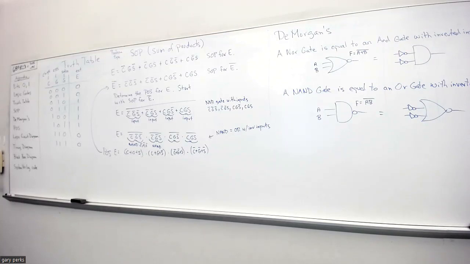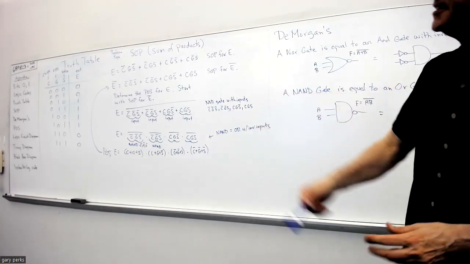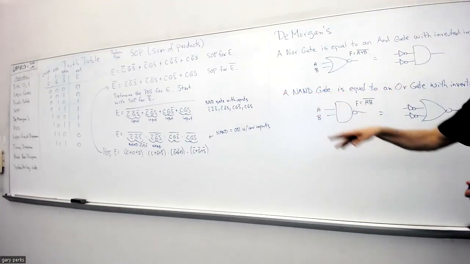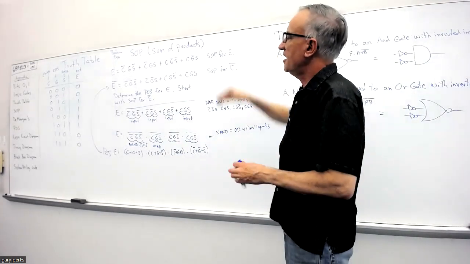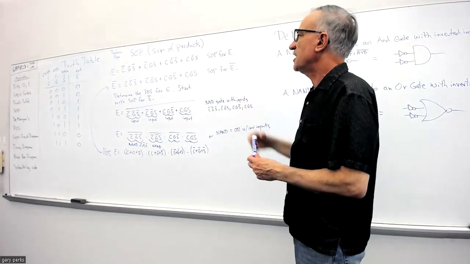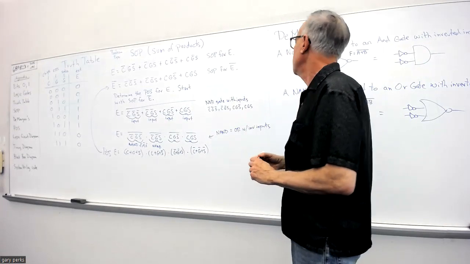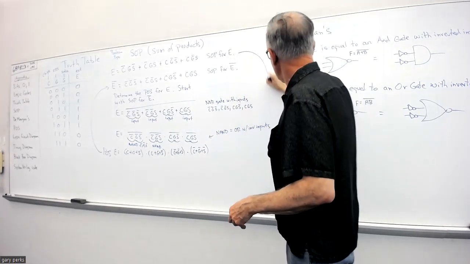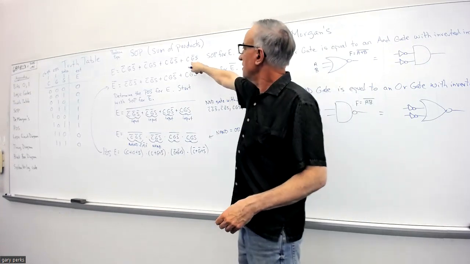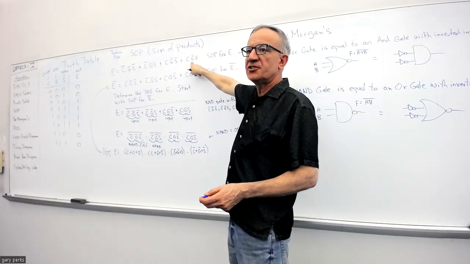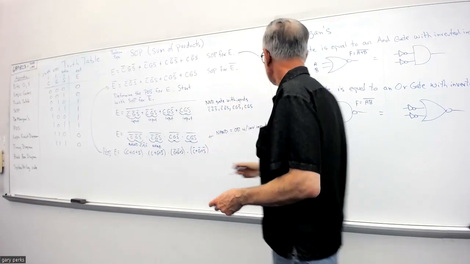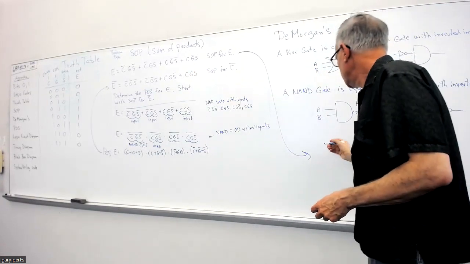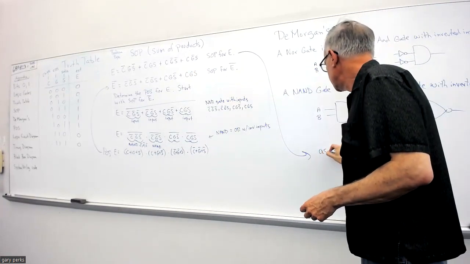All right, last thing, and that's in SystemVerilog, how you would represent a SOP or POS. I'll just do an SOP, and I think I show this in my intro to Vivado video too. So let's say you wanted to write this SOP equation in SystemVerilog. The first thing you would do is type assign.